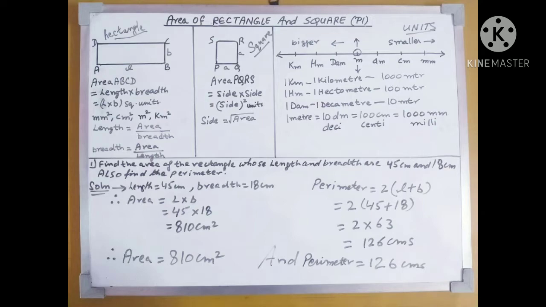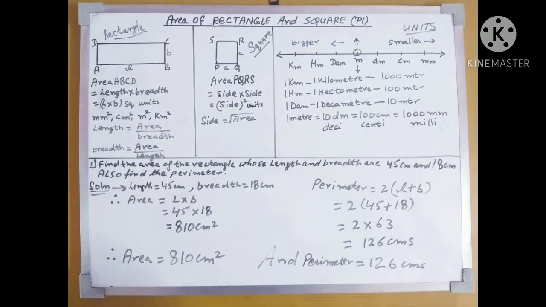So as you see on the board, I have drawn a rectangle, a square, and I have mentioned the unit system also, right? So we have the first figure, a rectangle ABCD, whose length is L and whose breadth is B. So we will write area ABCD is equal to length into breadth, that is L into B, square units.